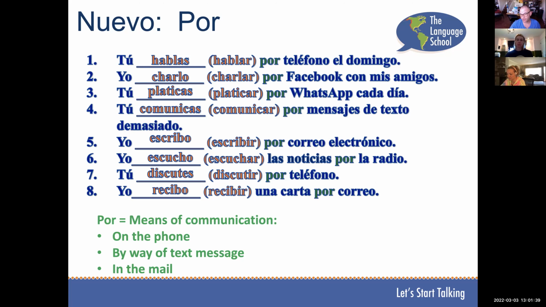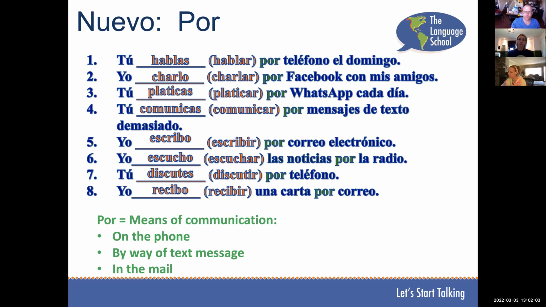Every now and then we come across something that just doesn't translate very well, or it could have multiple meanings. And this word por is the nightmare of many Spanish students because it doesn't translate well. It's a connector word that just connects one part of a sentence with the other, and so it just doesn't work the same way that it does in English.